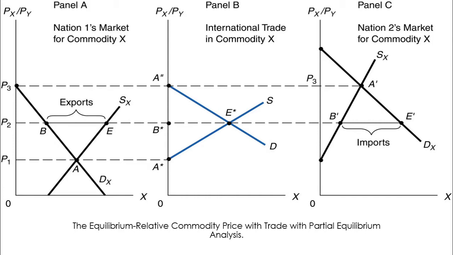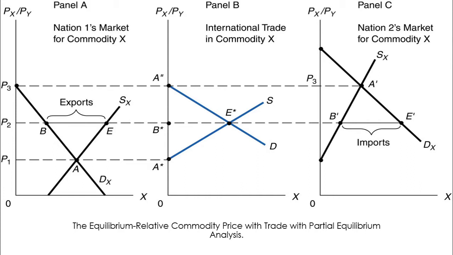from the international market. In panel B, international trade in commodity X is shown, and here D represents demand in the international market and S shows supply in the international market. And in the international market, demand is equal to supply at E star corresponding to price P2.